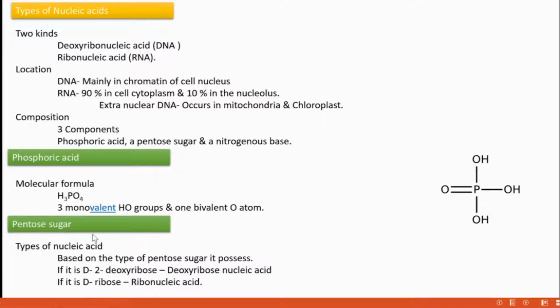Then pentose sugar. Pentose means 5. Types of nucleic acids: based on the type of pentose sugar it possesses, we can classify nucleic acids into 2 types. If the pentose sugar present is 2-deoxyribose, then that nucleic acid is deoxyribonucleic acid. If that pentose sugar is ribose, then that nucleic acid is known as ribonucleic acid.